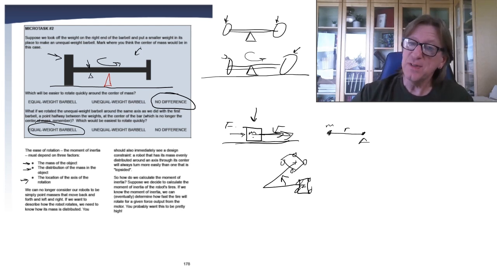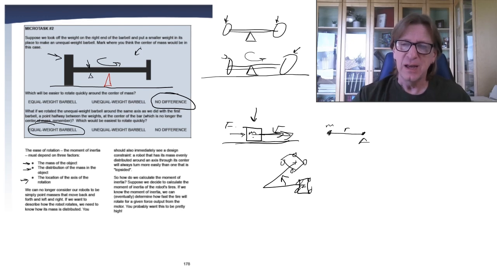And that's actually not the case, because now if I want that thing to rotate, it depends upon how the mass of the robot is distributed as well. And so to keep things simple, we're going to rotate it around just one axis. So I could rotate my robot. I could put that robot so that it's on its center of mass, and so it's rotating this way. So maybe these are my wheels.